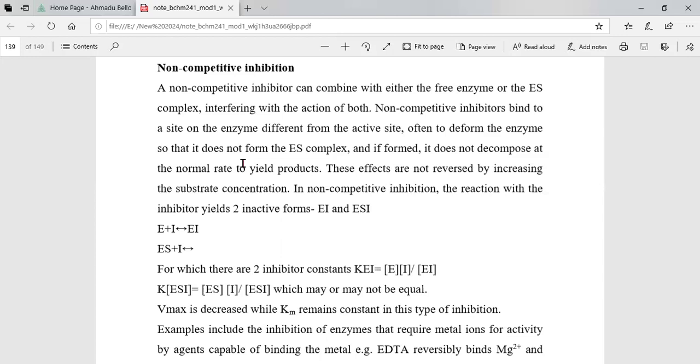So the enzyme does not form the enzyme substrate complex properly, or even if the enzyme binds the substrate, it does not decompose at the normal rate to yield product. So the reaction does not proceed normally. These effects are not reversed by increasing the substrate concentration.